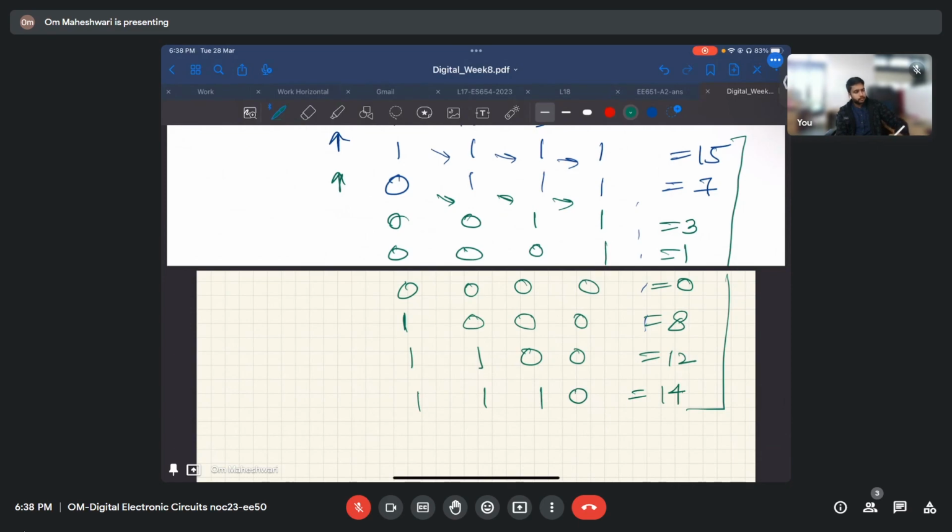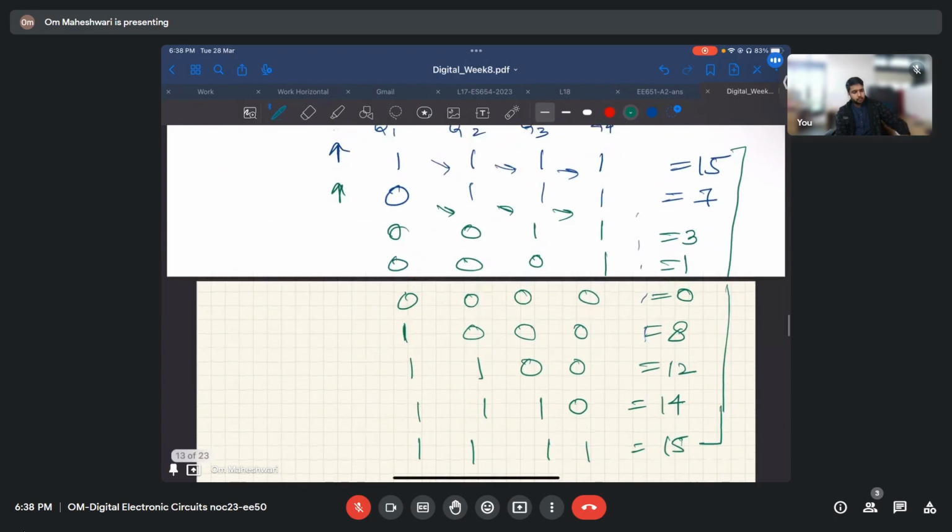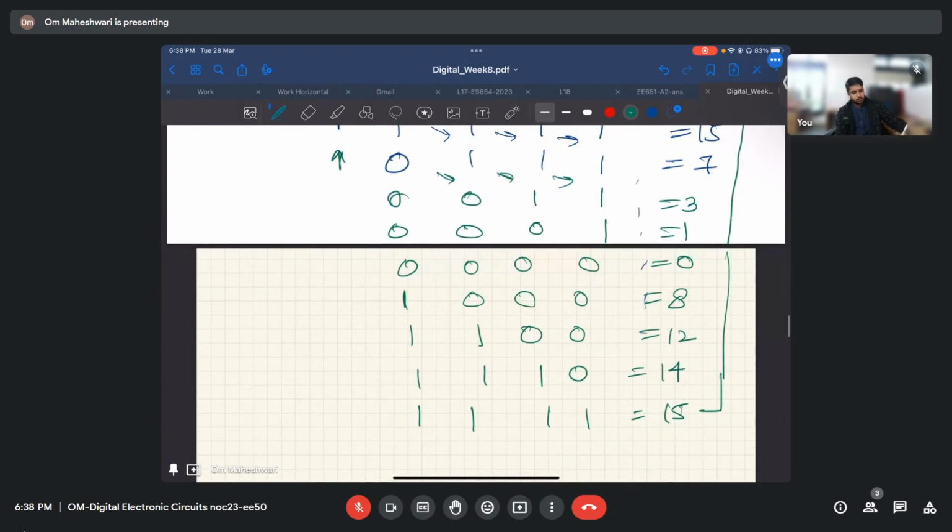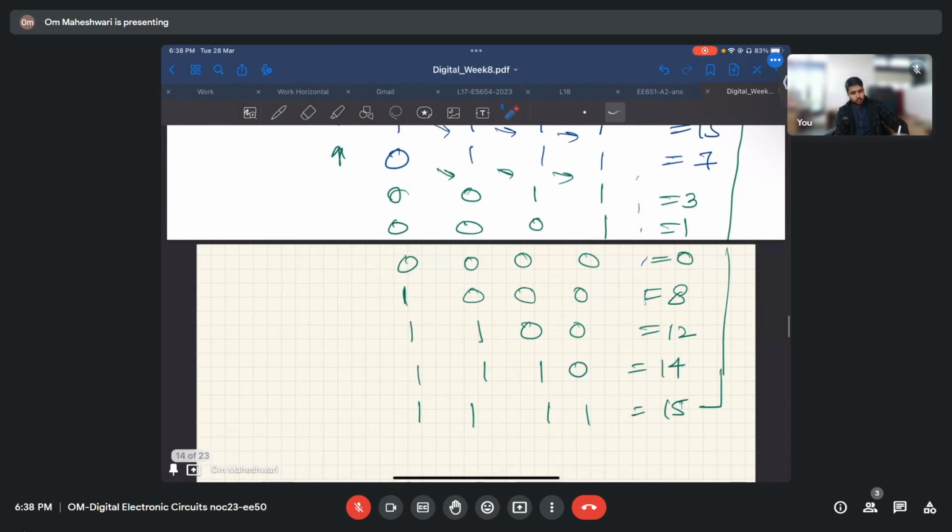And next will be 1, 1, 1, 1. Right? Which is 15. So we are just transmitting after each cycle. If this is Q4, Q4 bar, that 1 is being put here, and these all just shift.